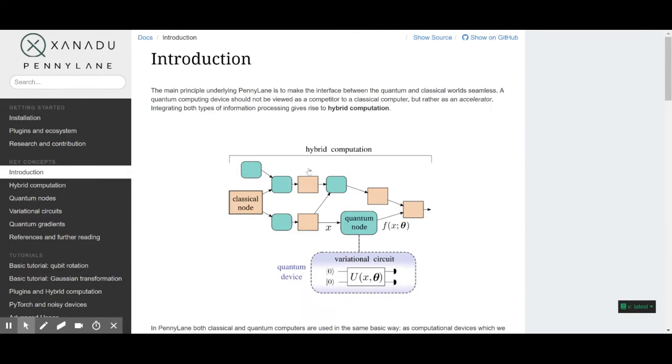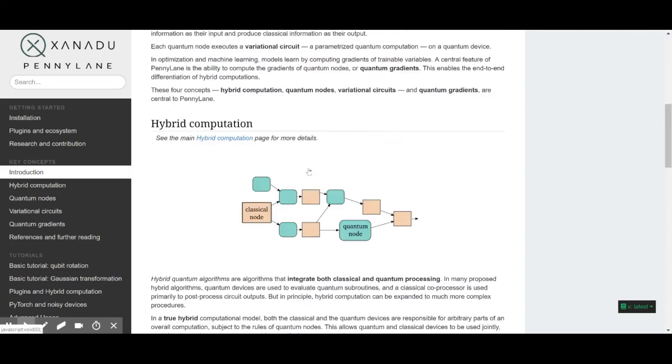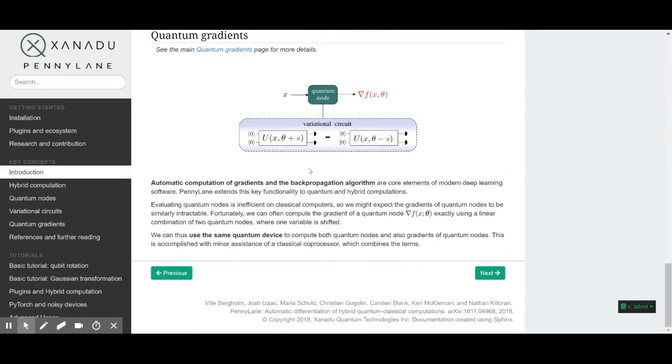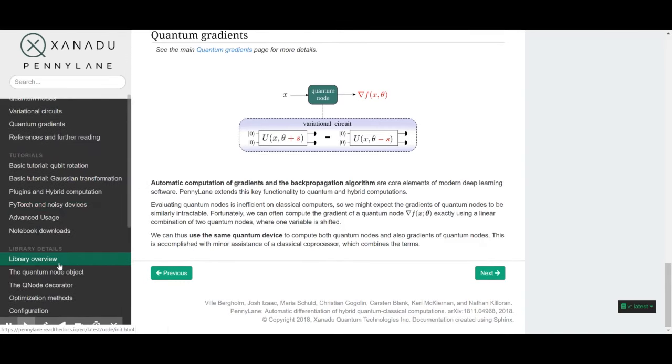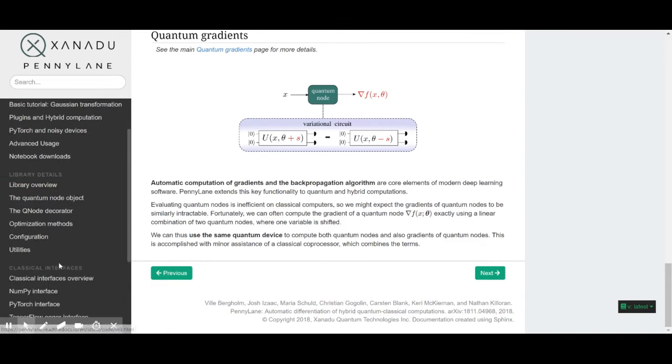That's not what I was reading. Where was I before? Wasn't it Strawberry Fields or something like that? Features, getting started, key concepts.